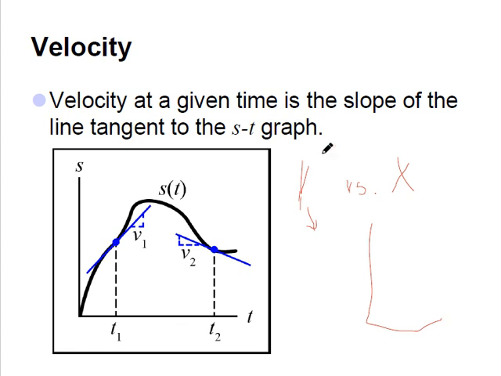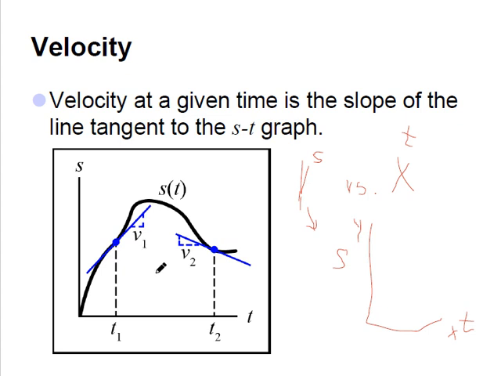Now your y is s, your x is t, y for the vertical, x for the horizontal. So in this case, our y is s, and our x-axis is t, time, and then position, that's where it comes from. So your st graph.